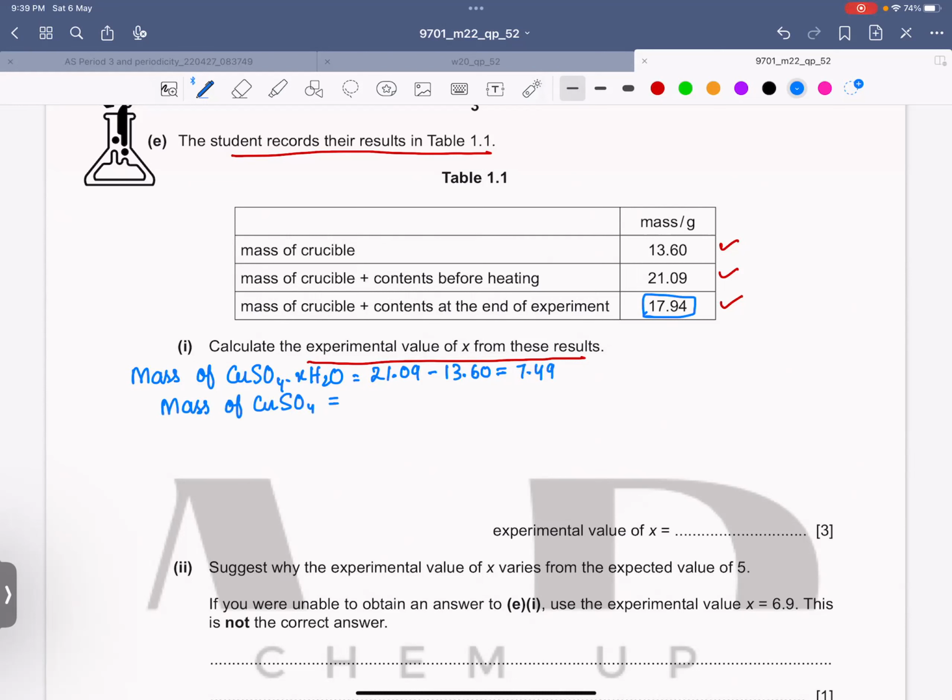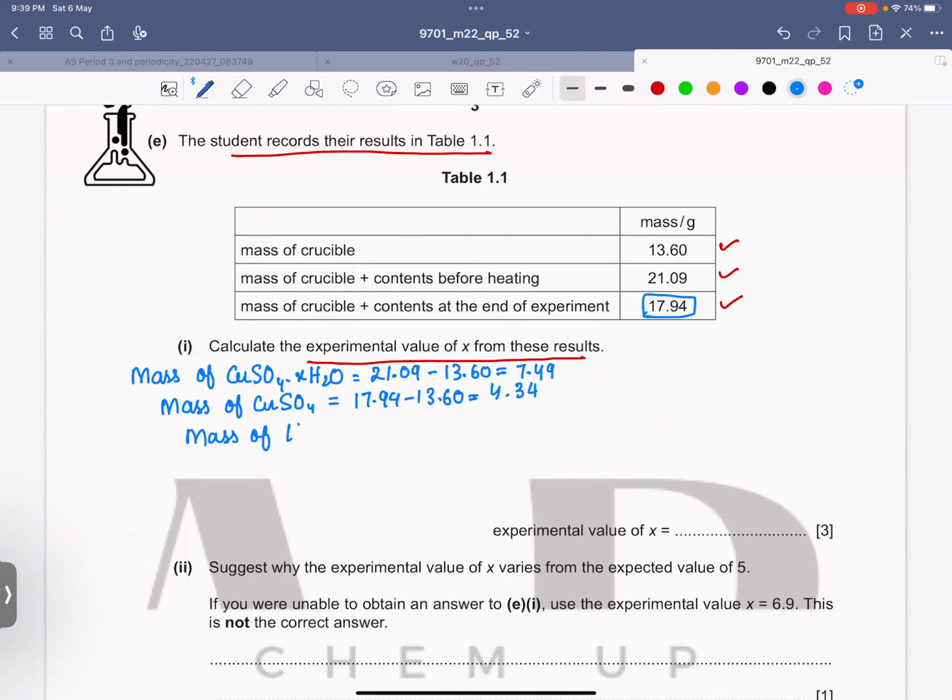So the mass of copper sulfate when the water is lost must be equal to 17.94 minus 13.60, right? Can anybody tell me the answer, please? 4.34. Okay.